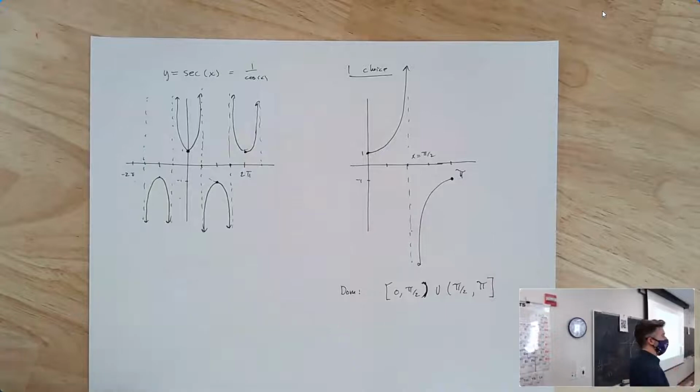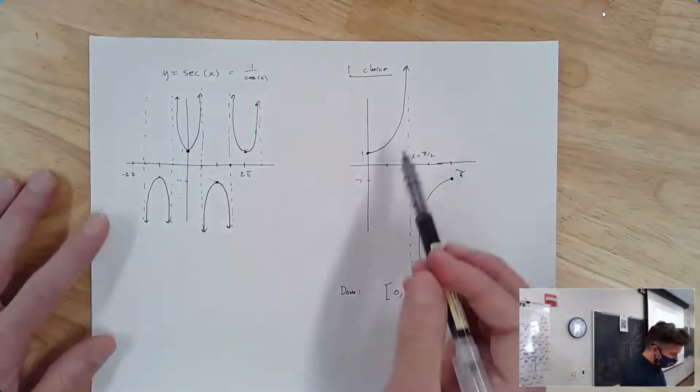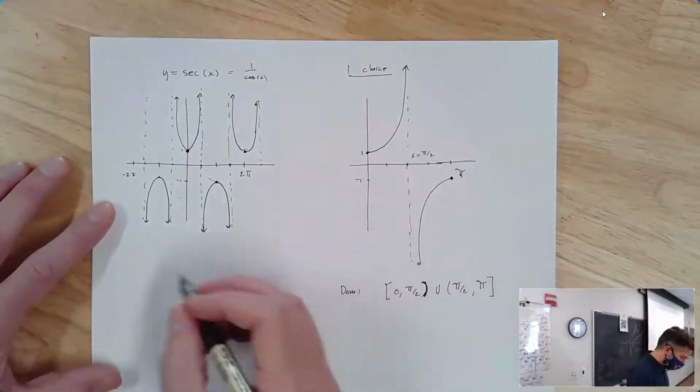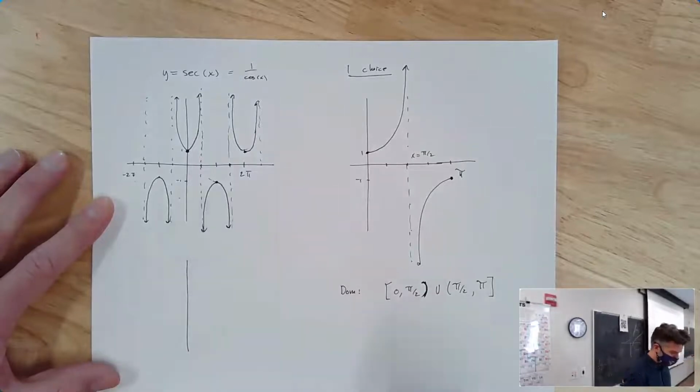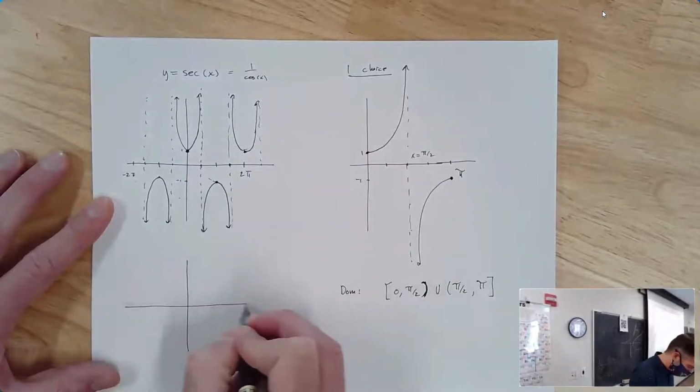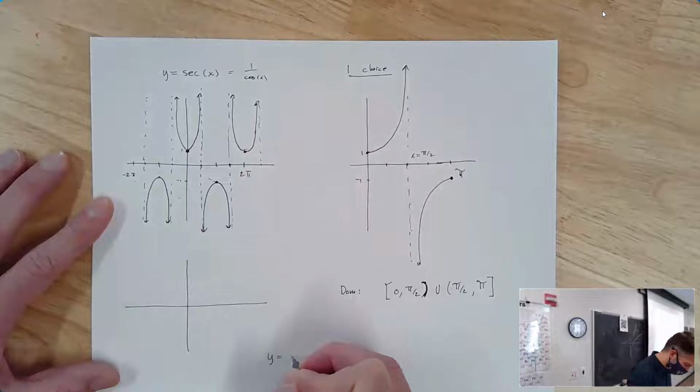To me, this feels like the natural choice because it's essentially the same domain that we picked for cosine. And you can do the same thing for sine and cosecant. The issue with this isn't so much even the reciprocal, or sorry, the inverse, apologies. So I want to graph y equal to the inverse secant.